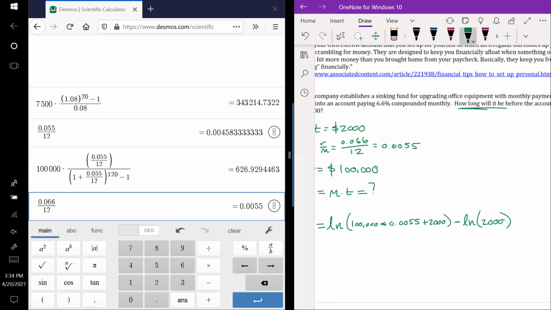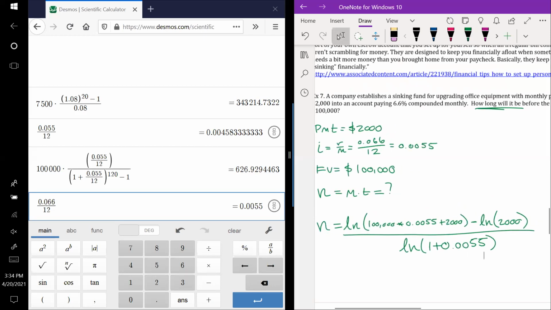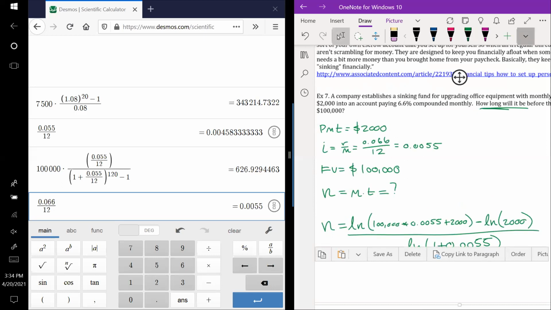And then you're going to put it all over the natural log of 1 plus your rate, your I. So 1 plus 0.0055. Okay. There it is.